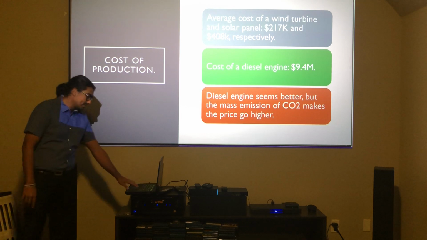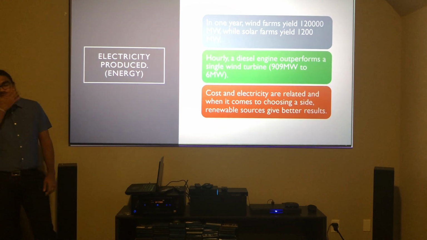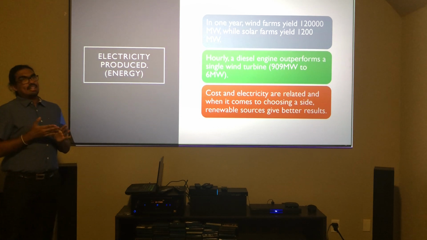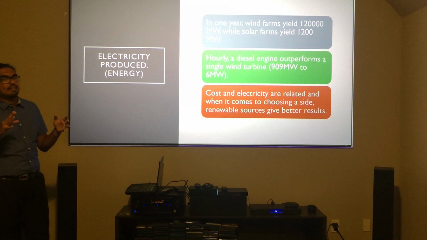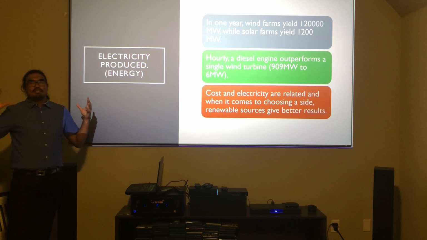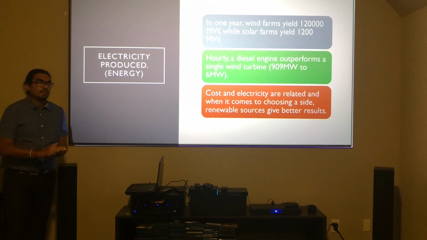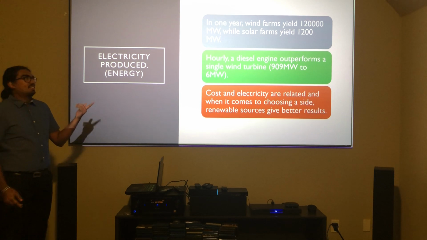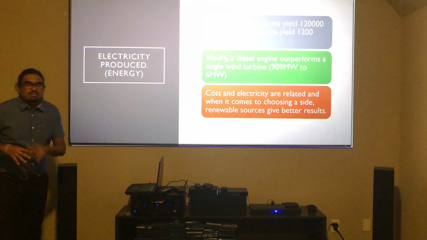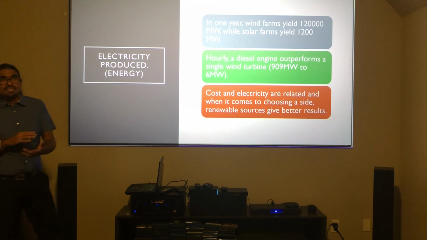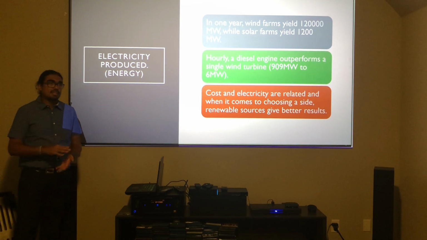So the second criteria, electricity produced. We know that one diesel engine can give vast electricity to one city. So why the change, right? Well, in a year, let's say a wind farm yields around 120,000 megawatts, while solar farms yield around 1,200 megawatts.